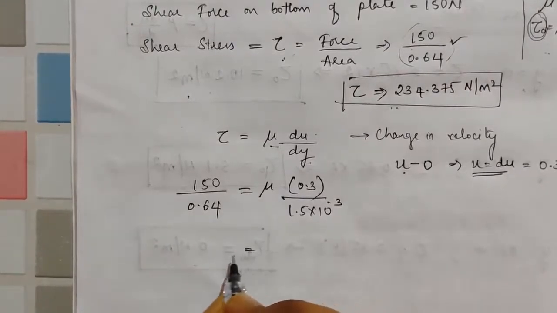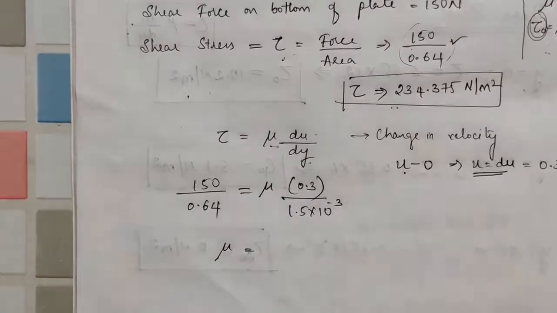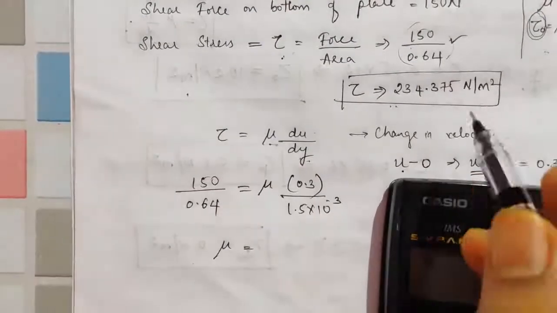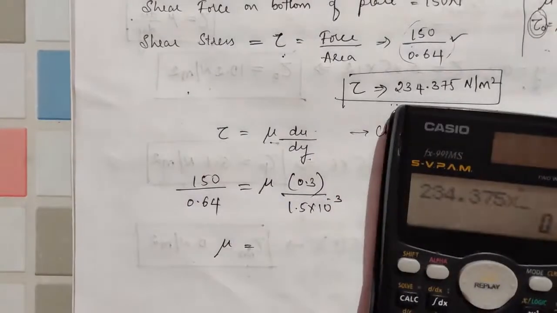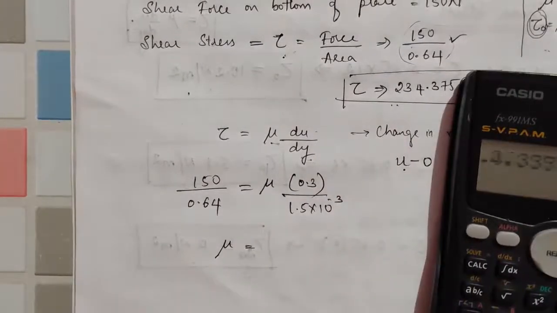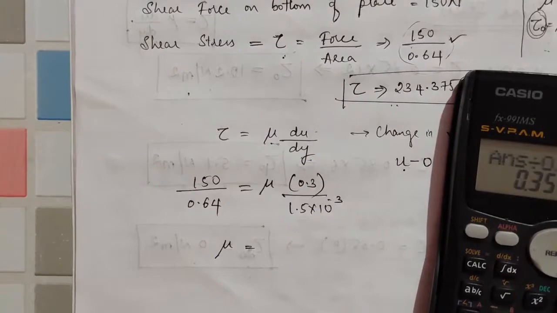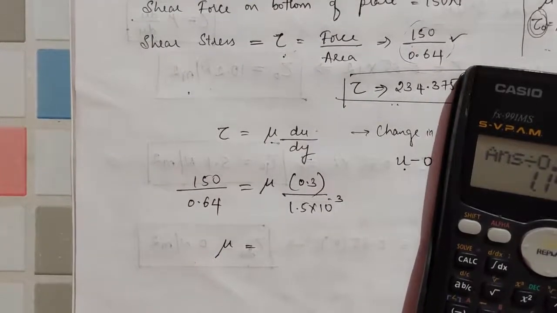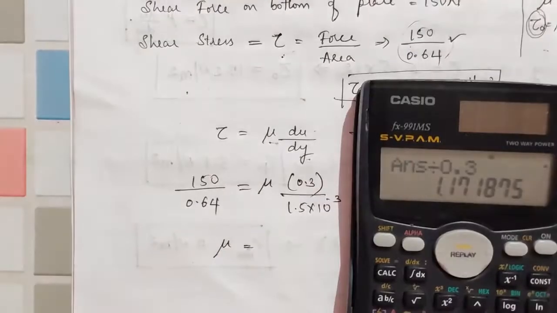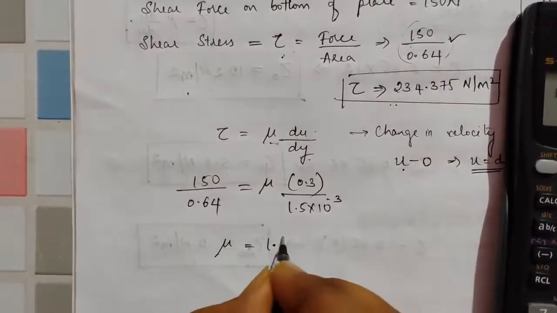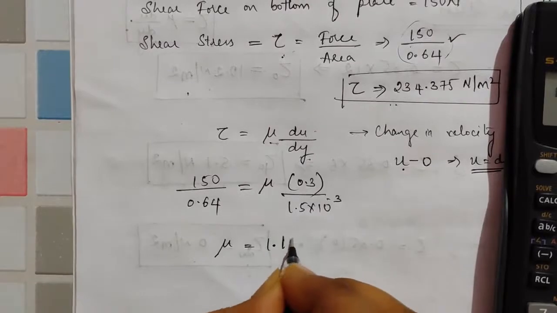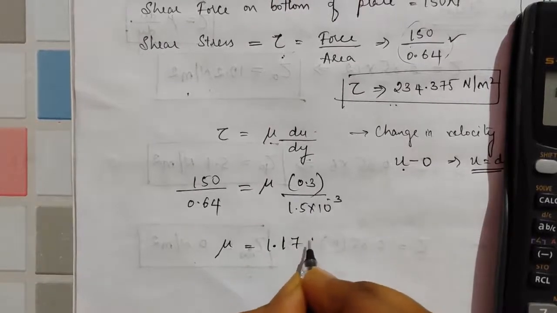Then the value of mu will be, after simplifying, 234.375 into 1.5 into 10 power minus 3 divided by 0.3. It is 1.17. Okay, so the value of mu is 1.17.